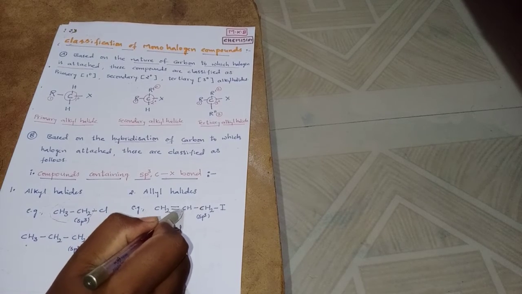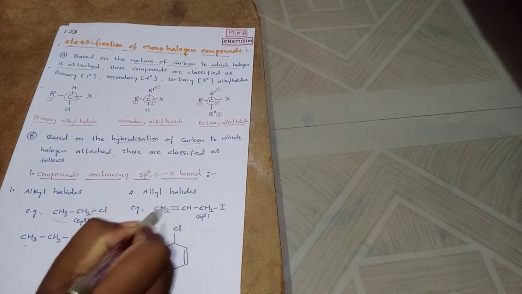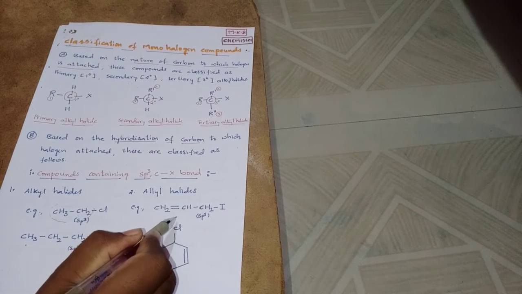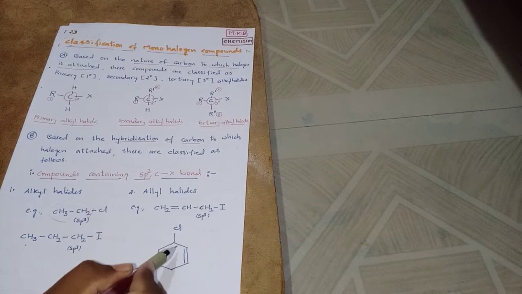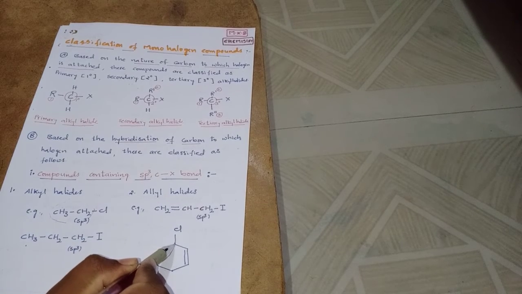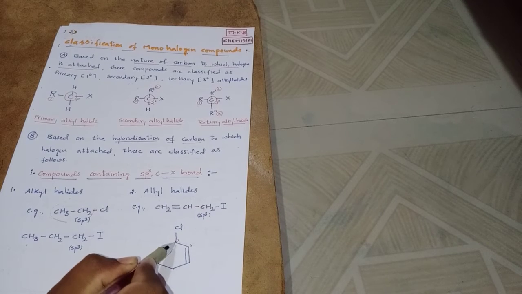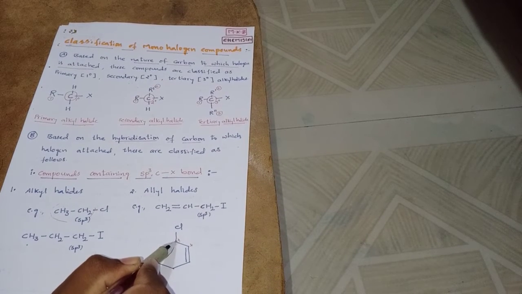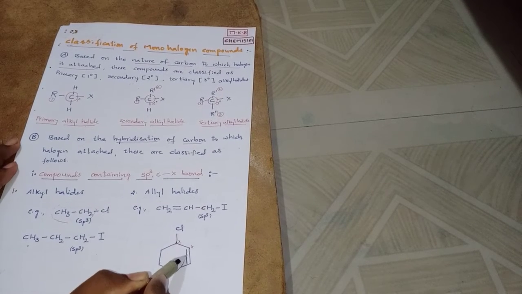And how is it different from alkyl halide? This sp3 hybridized carbon is bonded to a double bonded carbon. See here, this carbon is doubly bonded. Such type of halides are called allyl halides. In this example also, this is a carbon atom with single bonds, bonded to a carbon which is a double bonded carbon.